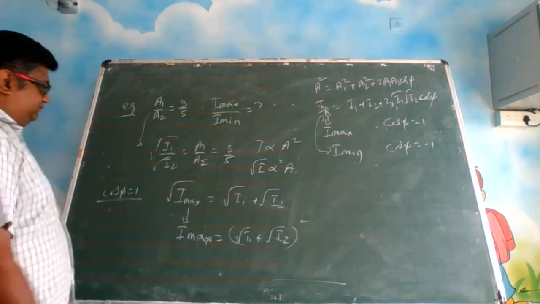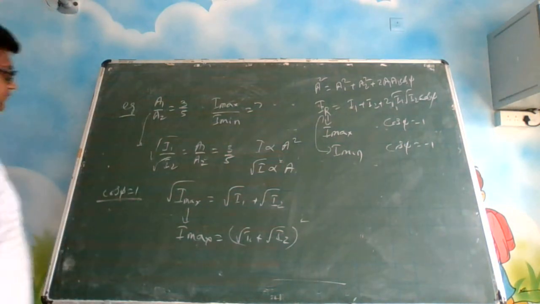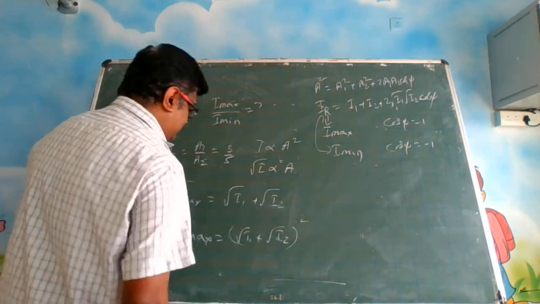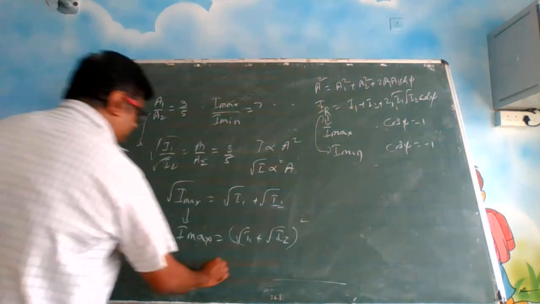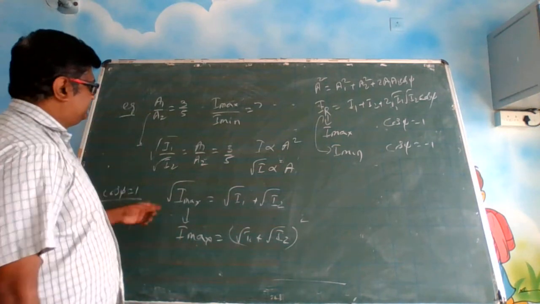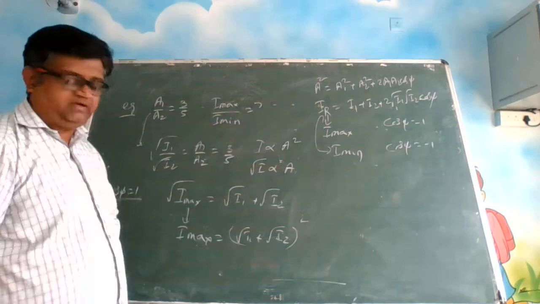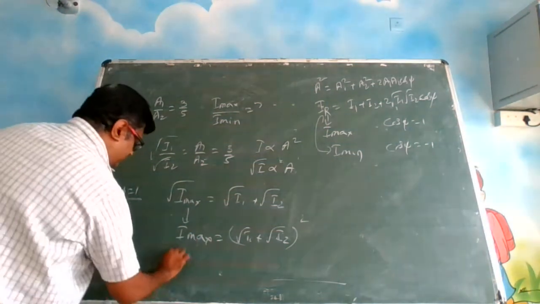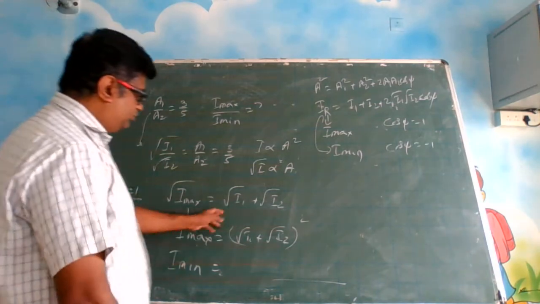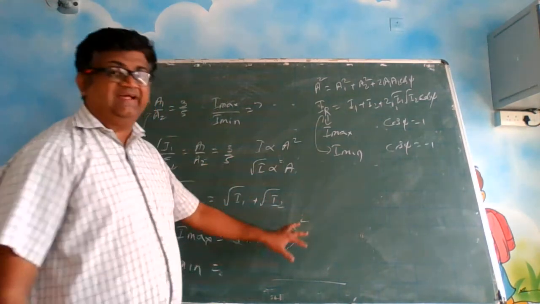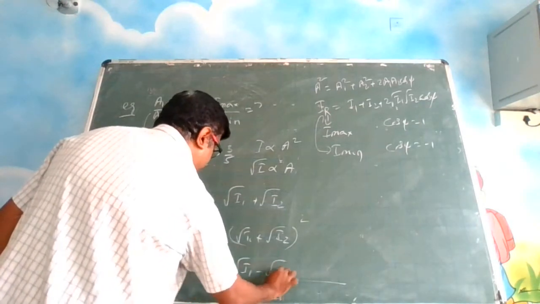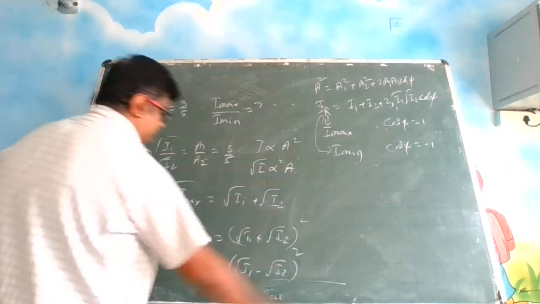Keep it like this, because we are interested in I max by I minimum. So we will write I minimum also. In the case of I minimum, what will happen? This root over I1 plus root over I2 will become root over I1 minus root over I2. So this expression will become root over I1 minus root over I2 whole square.